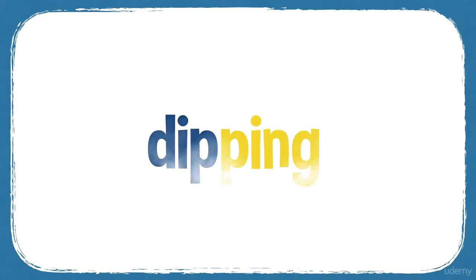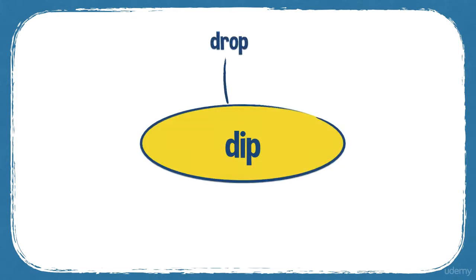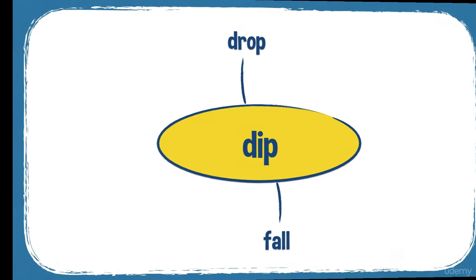So here are the verb forms. Again, double P's there, just like with drop. And some synonyms for dip. None of these are exact synonyms. Drop and fall don't give the sense that the numbers go back up afterwards. But dip is often used with downward, but remember there are slight upward increases afterwards too.